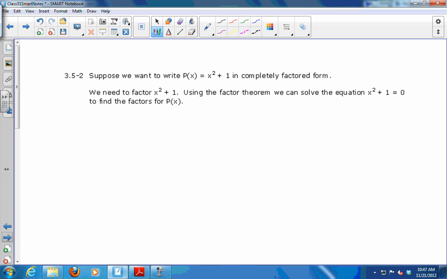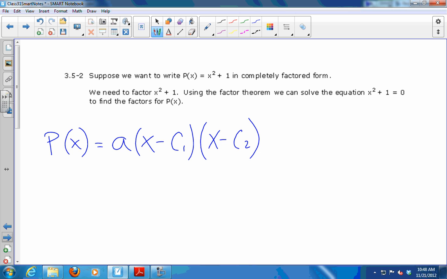So let's say we want to do it for p of x equals x squared plus 1. I want to write it in completely factored form. So I need its zeros in order to be able to write it in completely factored form. So p of x, this is sort of the completely factored form. Because it's a second degree polynomial, there should be two factors, so that when I multiply them together, I'm going to get an x squared.